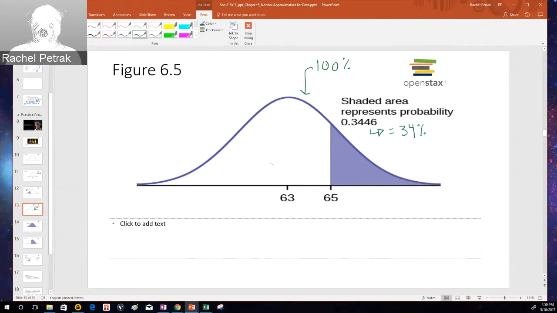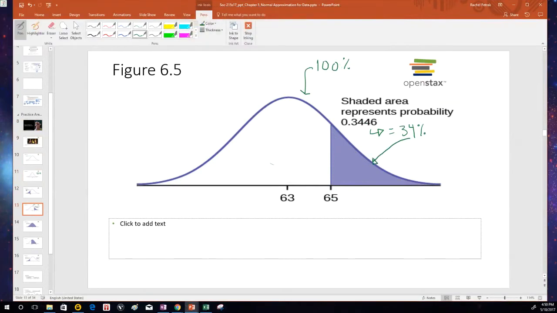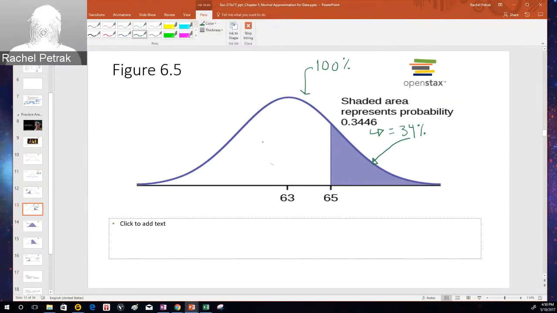If we want to know what proportion lies below this score, well, if we know that this is 34% here, then the corresponding other portion of the distribution must be 66%. And this corresponds to a proportion of 0.66. So really, I just want to hit home that percentages and proportions are essentially interchangeable. You're just multiplying or dividing by 100.